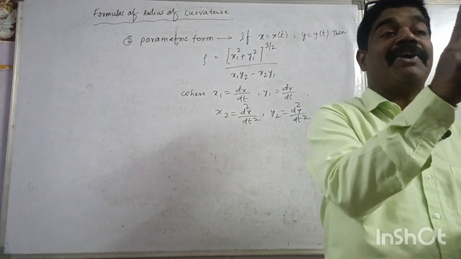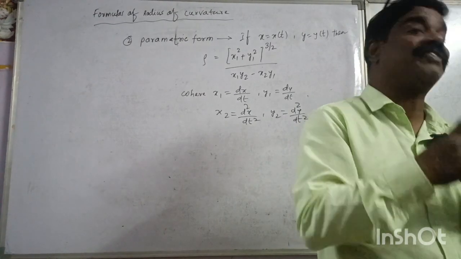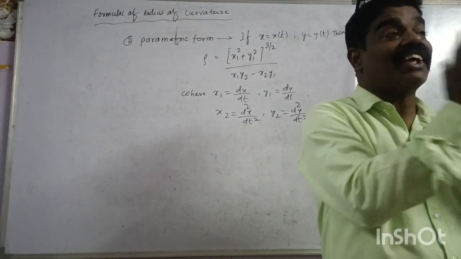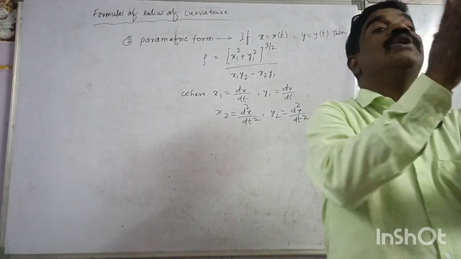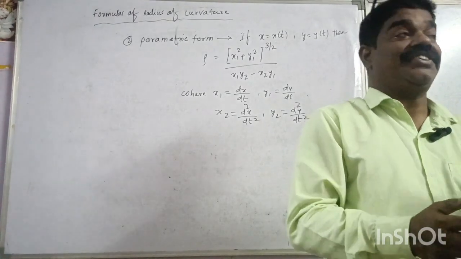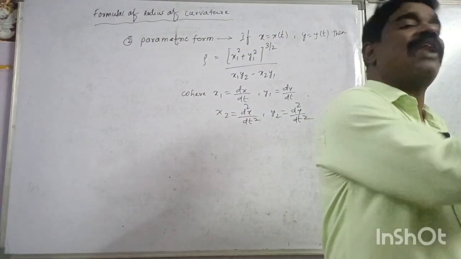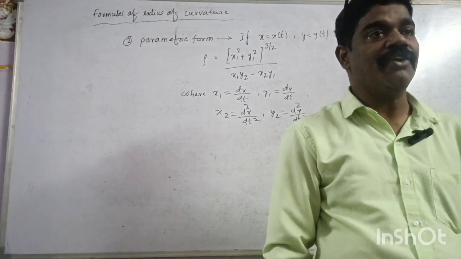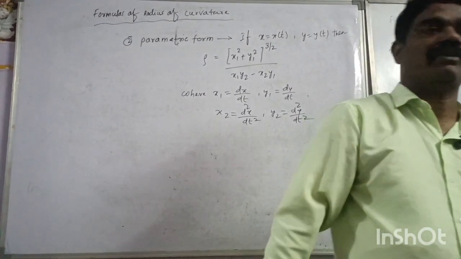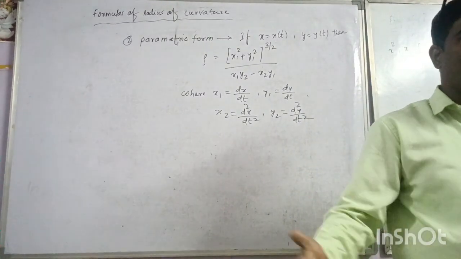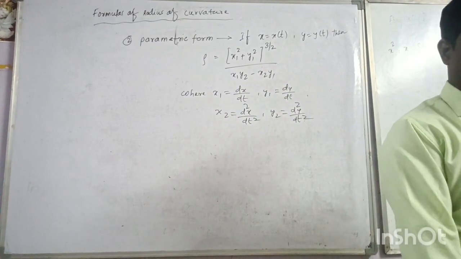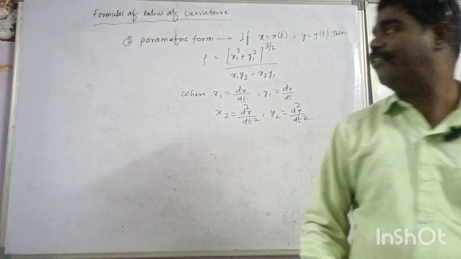It is very important to first remember which form the given problem is in. Is it a Cartesian form, parametric form, or polar form? Have you understood? We have to remember that first. Then after that you have to apply the formula as usual.